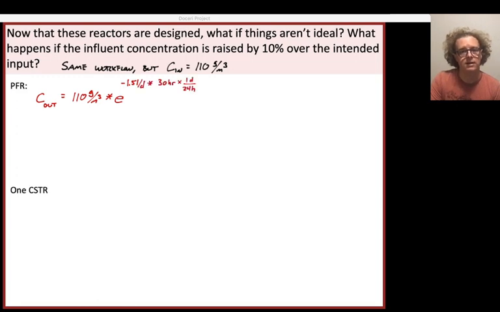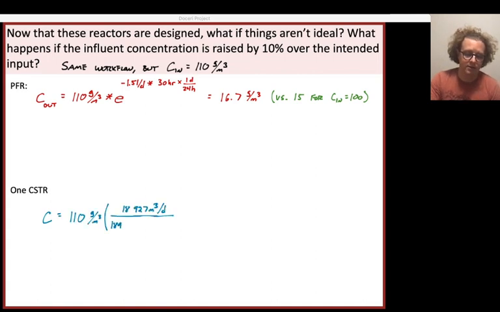We can use our exact same workflow for the plug flow reactor problem. And what we find is we would be exceeding our goal of 15 grams per cubic meter at the outflow. We would be at 16.7. And reminding you, we were at 15 for our design condition of 100.